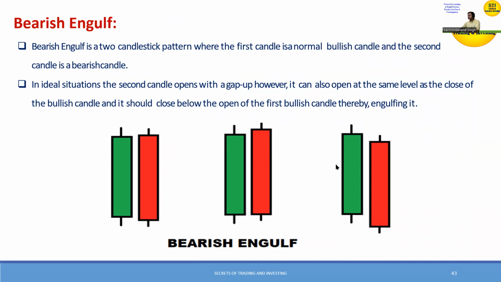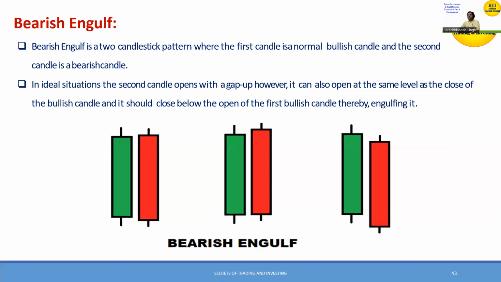And the third example is it may start with a little bit of gap down and also close a little below the first candle. No matter what the combination of these three is, these are all examples of bearish engulf.